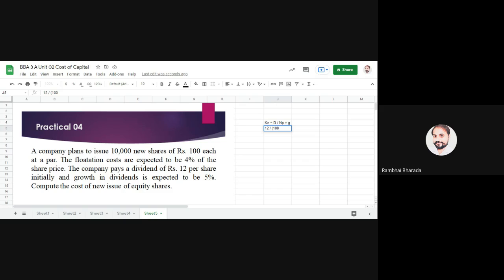No premium is there. Minus discount. No discount is there. See here, par value means no premium, no discount. Okay, par means 100. Minus 4% issue expenses. So 4% of 100 rupees is 4. Bracket over, plus G, 5 divided by 100.